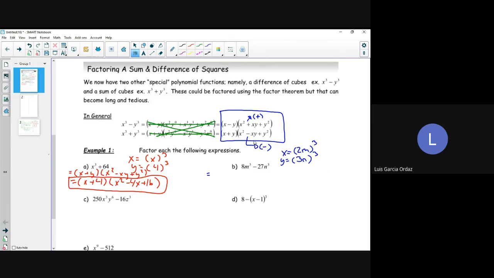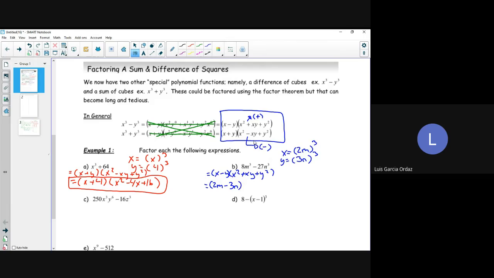Because it's a difference of cubes, we are going to follow the formula of x minus y times x squared plus xy plus y squared. All we're doing is subbing in for x and y. We said our x is 2m, our y is 3n.